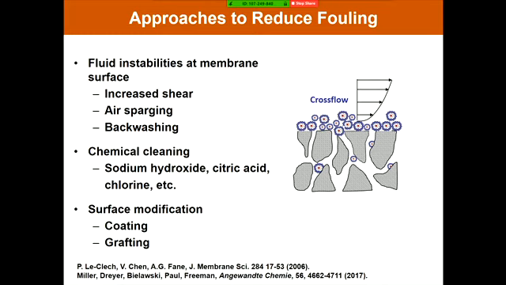When these processes are no longer effective, chemical cleaning is used, and there are several stages of severity of that chemical cleaning. The more severe cleaning methodologies actually damage the membrane, and this is one of the key ways that membranes ultimately have to be replaced in these applications: they're damaged over many cycles of fouling and cleaning.